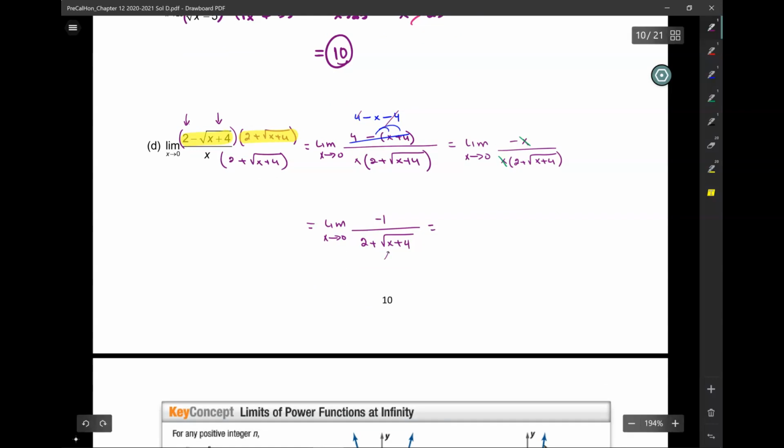Into here. Because you have negative x on top, positive x on the bottom. The x's cancel, but the negative stays. You don't need to drag the x into the denominator. So now when you plug it in, you have negative 1 over 2 plus root 0 plus 4, which is 4 in here. Negative 1 over 2 plus 2 is 4.